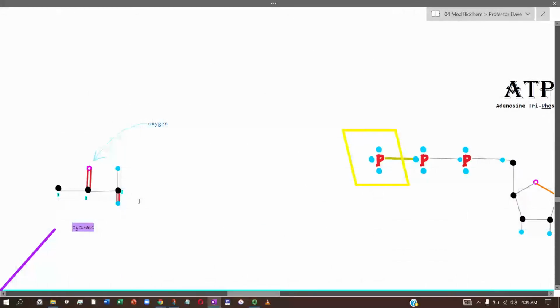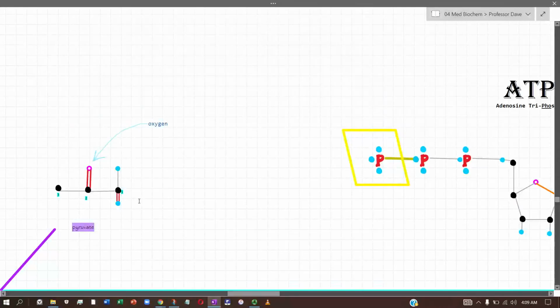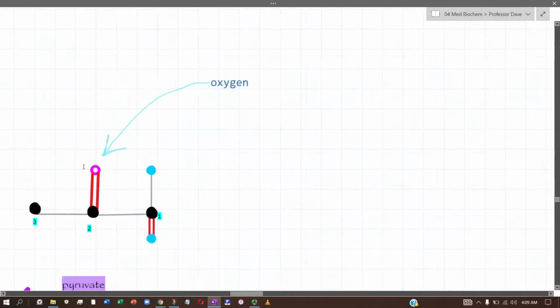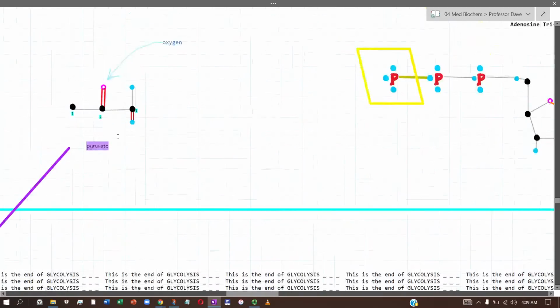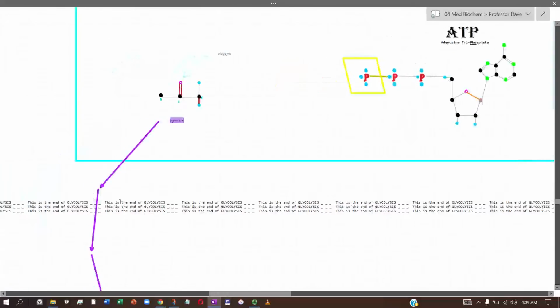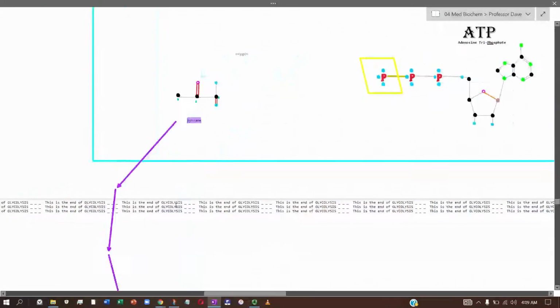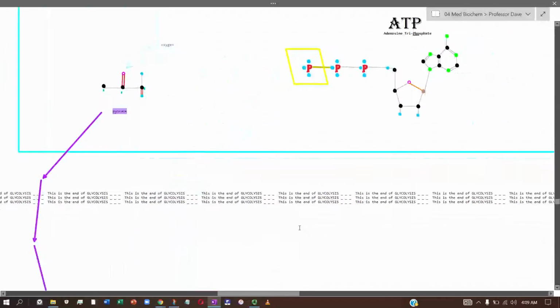And now you have just regular pyruvate, which is what you want, so that it can go into the next stage of metabolism. And as a reminder, the purple circle here is an oxygen. Cool. So we have pyruvate, and this marks the end of glycolysis. This is the end of glycolysis.